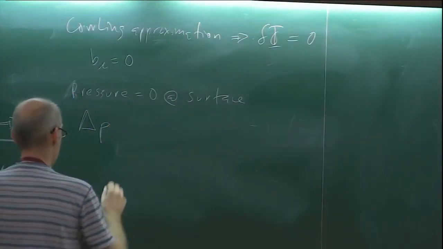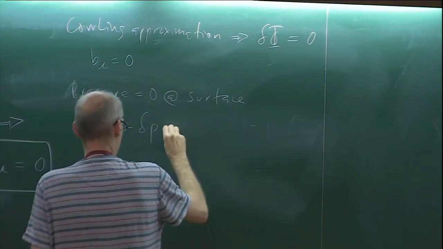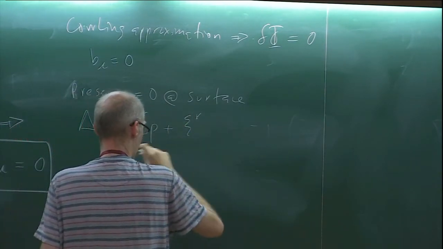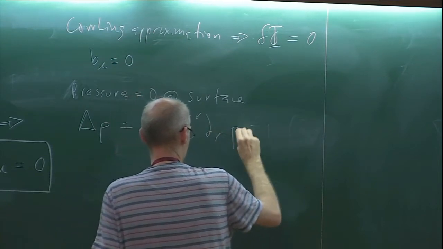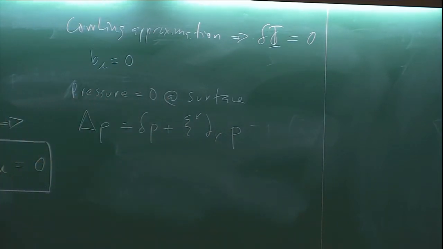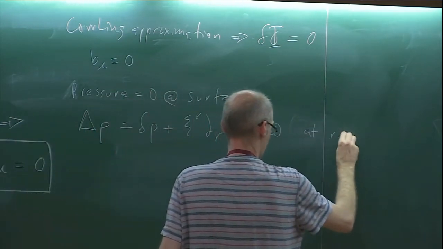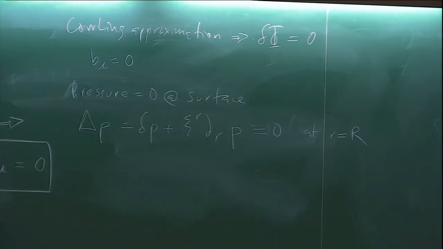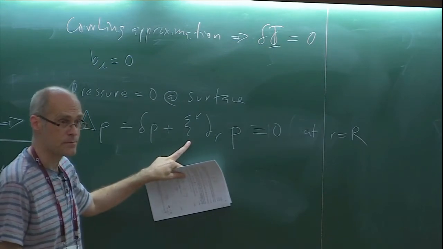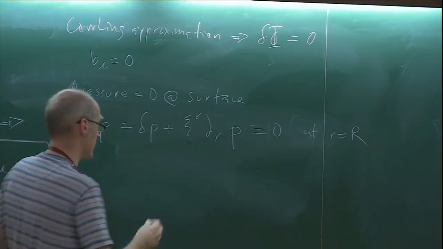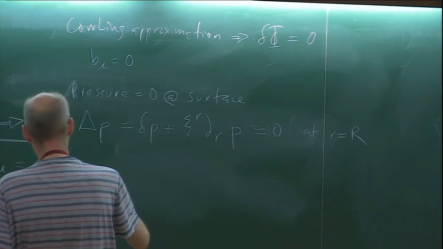So I take this Lagrangian variation of the pressure and write it out as delta P, the radial component of the displacement vector, and then the radial derivative of the background pressure. That has to vanish at the surface, which we'll call big R. But I don't know what this is. Of course, it's related to the velocity field in the case of a non-rotating star.